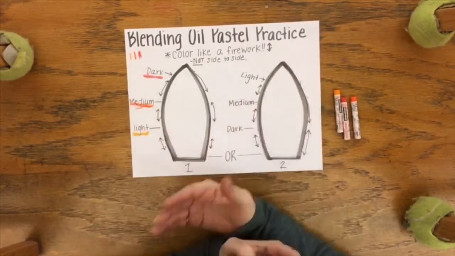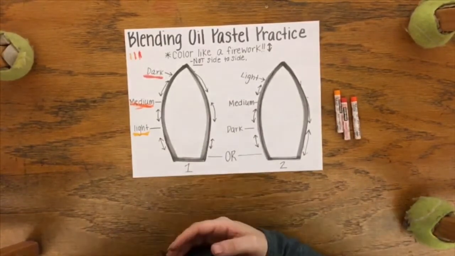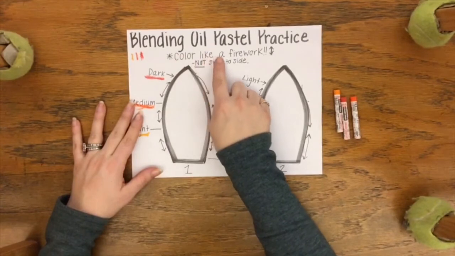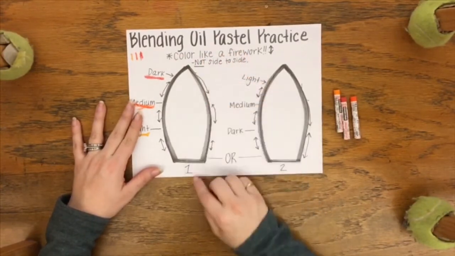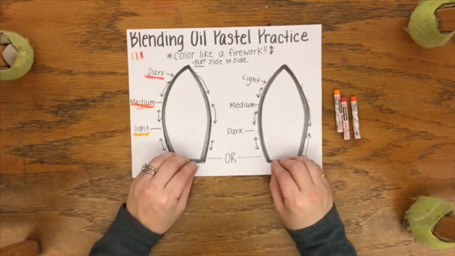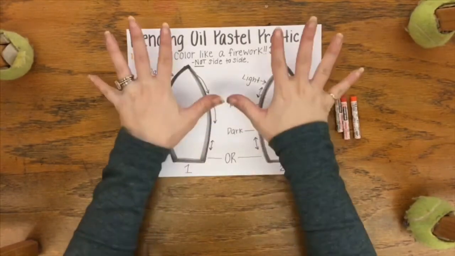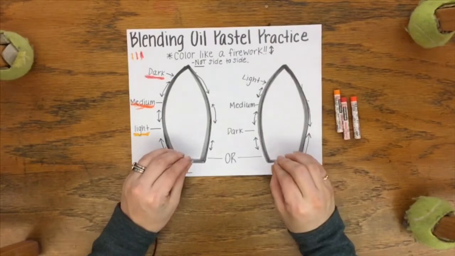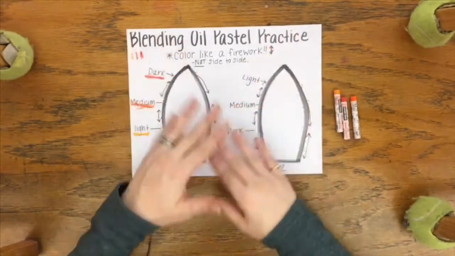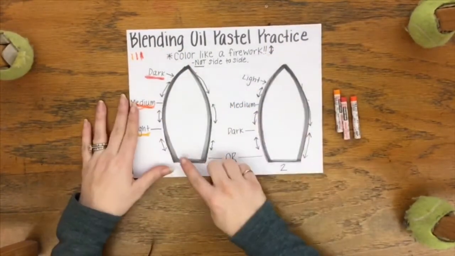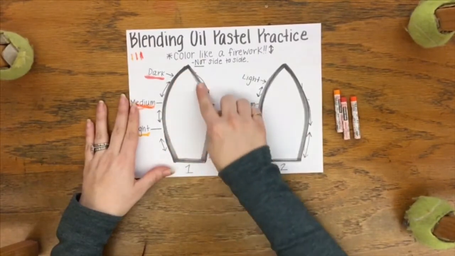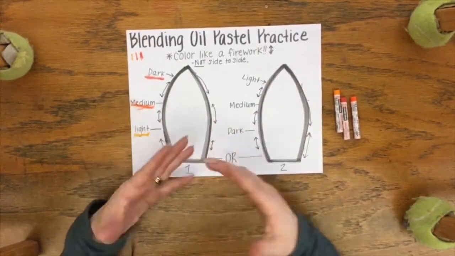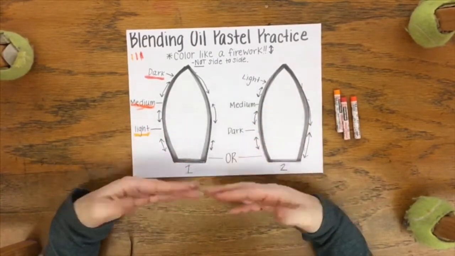The biggest thing to remember when blending oil pastels is to color like a firework, which means a firework explodes from the middle to the outside, just like your flowers grow from the middle to the outside. So when we blend our colors, we want to follow the arrows on the outside of our petals. We never want to go side to side because then it will not blend.